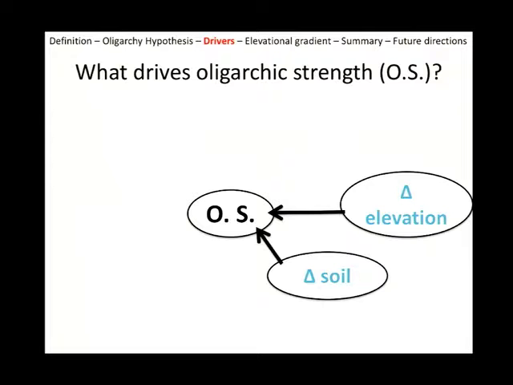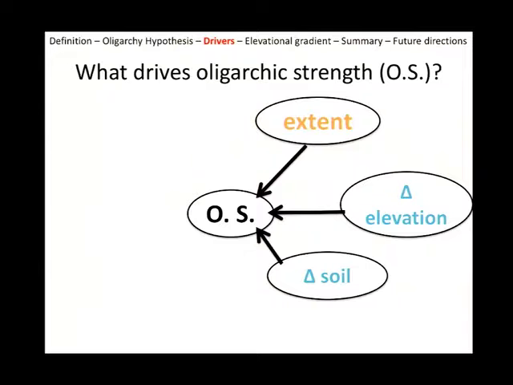If we have some common species at one elevation, other different common species at a different elevation, and we put everything together, then we have a weaker oligarchic pattern. The size of the study region per se can influence the strength of the oligarchic pattern.